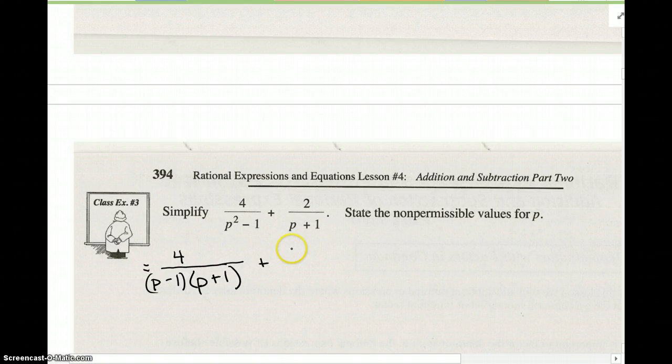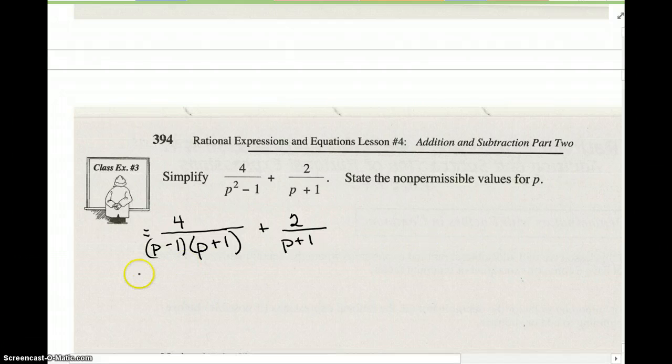And my other fraction is going to stay the same. It's p plus 1. Now, what is the common denominator? We have p plus 1 in both. We'll use that, and we will also have to include your p minus 1 that comes from the first expression.